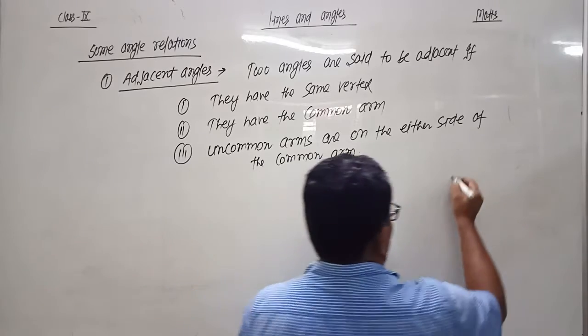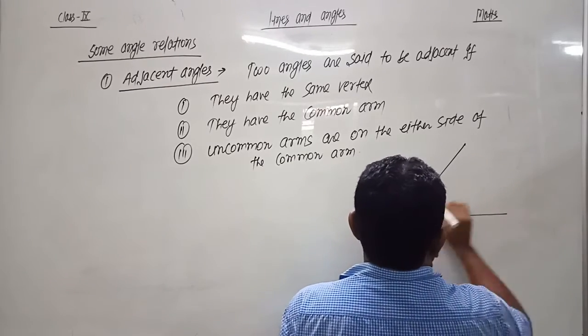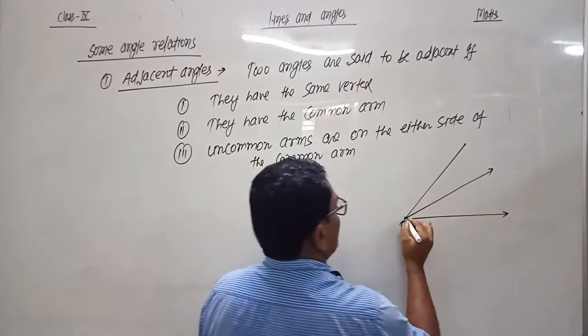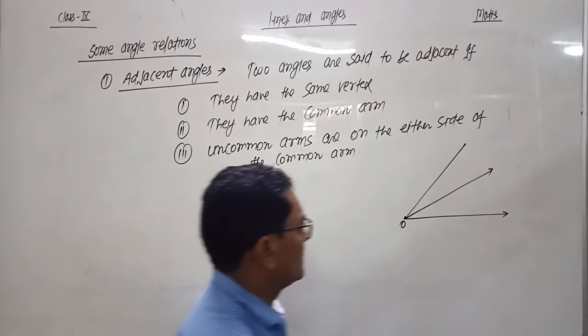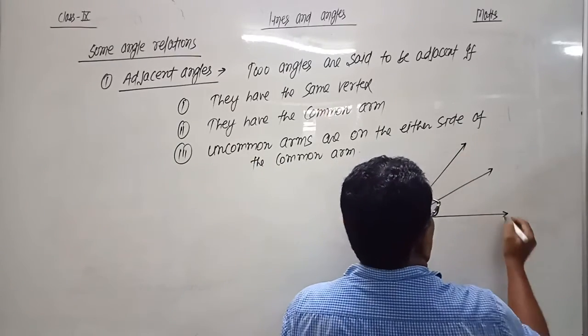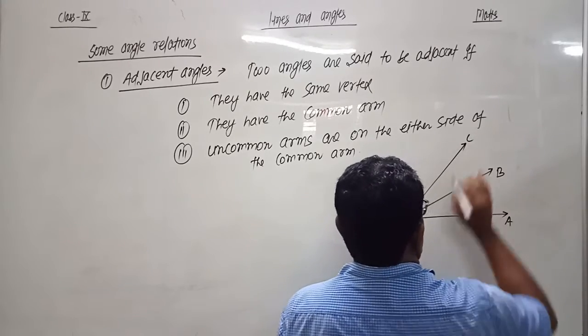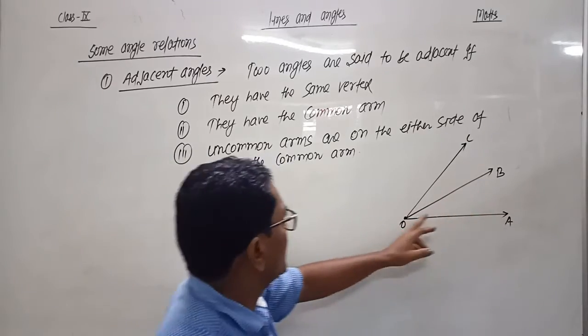As for example, this is called the common vertex. O is the vertex which is common, and there are three arms: OA, OB and OC. And OB is the common arm.